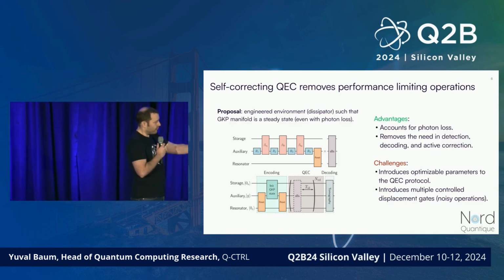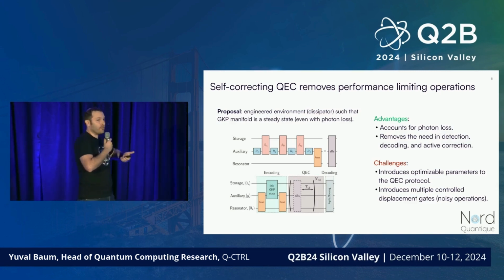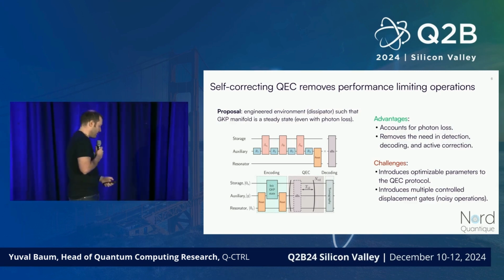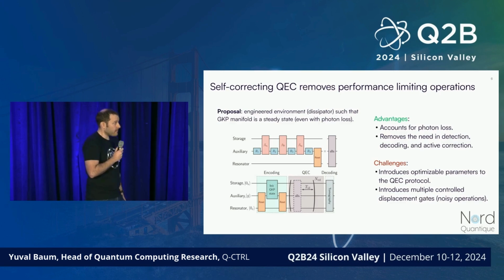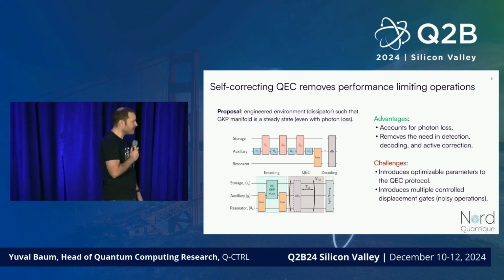So the advantages, of course, is that it accounts for photon loss, which is non-trivial, and it removes the need for detection, decoding, and active correction, which, of course, has a large price. On the other hand, it introduces some optimizable parameters, which, if they're not optimal, can definitely give you unpredicted errors.